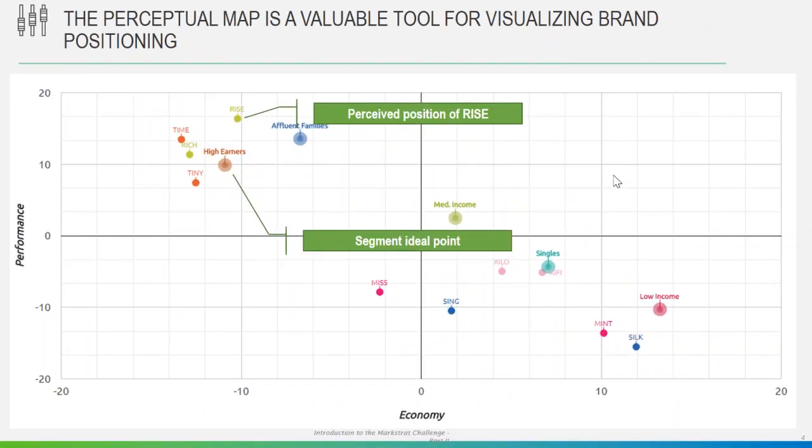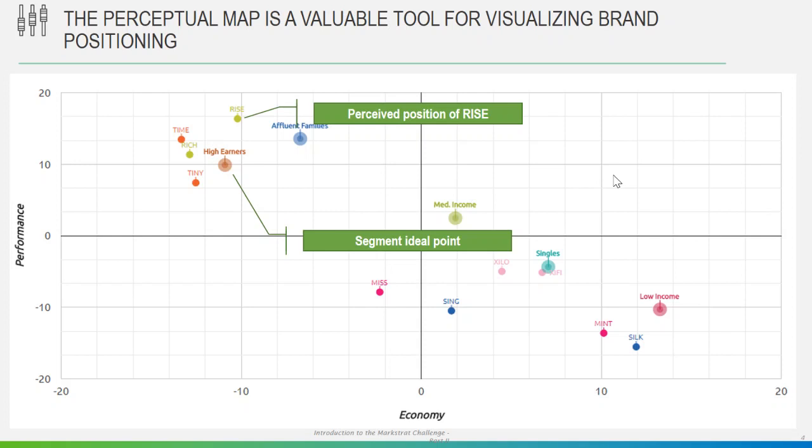So the perceptual map is a tool that allows us to visualize what's going on in terms of perceptions. Here we have a perceptual map. The solid dots represent the consumer or market perceptions of the brands on two different dimensions.